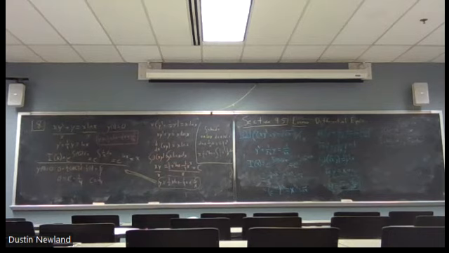Which one is this? Oh, it's part C. So my first question is, I'm confused where the E is. I don't think what you did there is allowed, right? Because if I take the natural log, I have to take the natural log of the whole thing, not just this part.